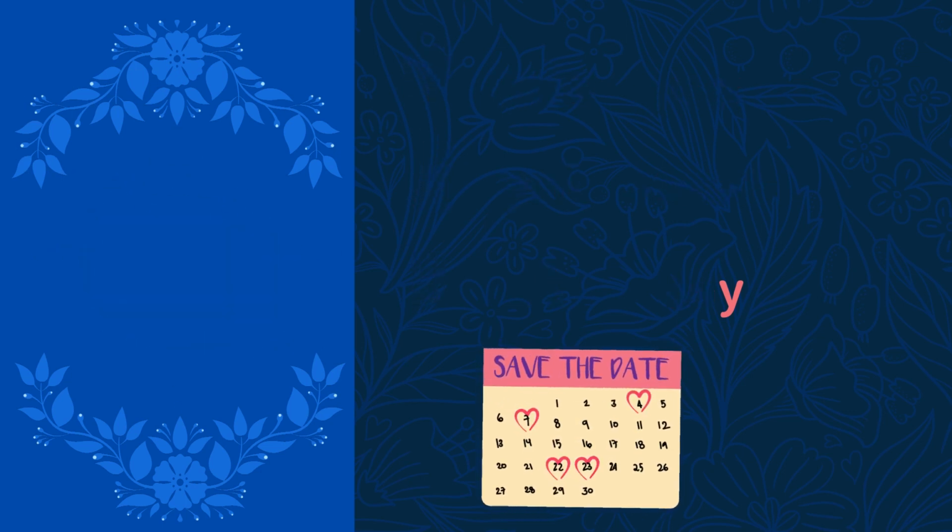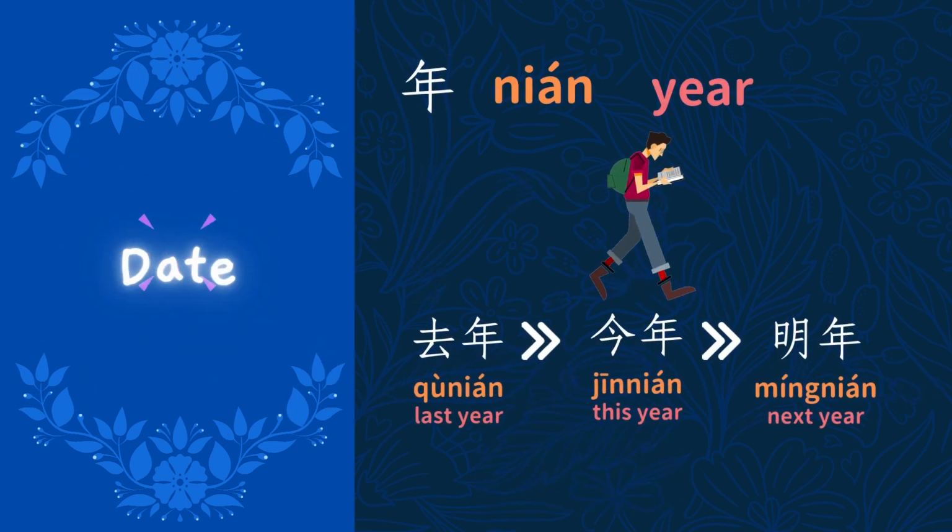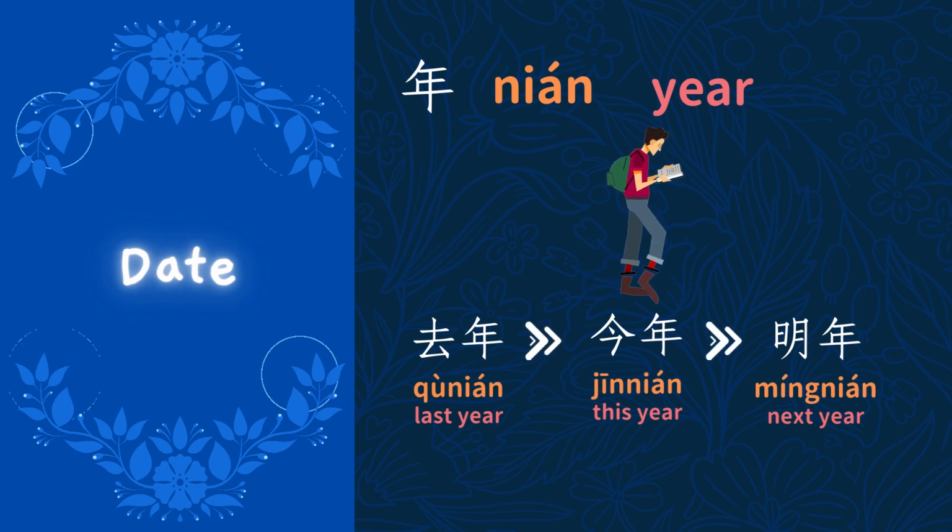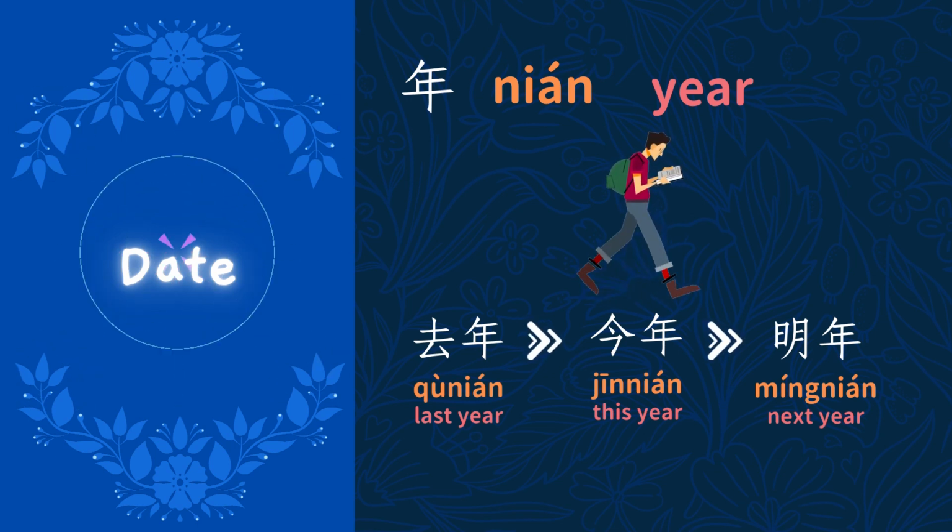年. Let's learn some terms related to 年. So here, last year, 去年. This year, 今年.